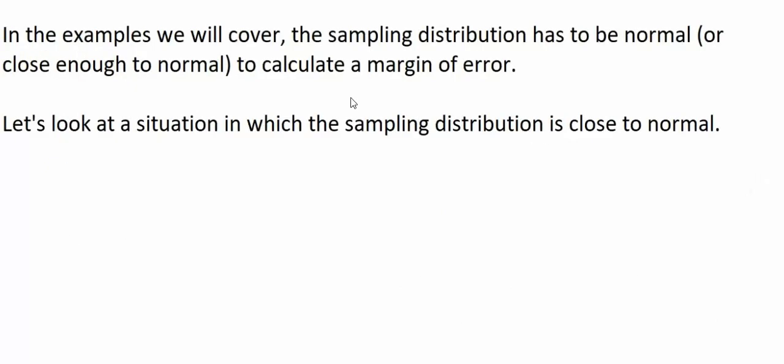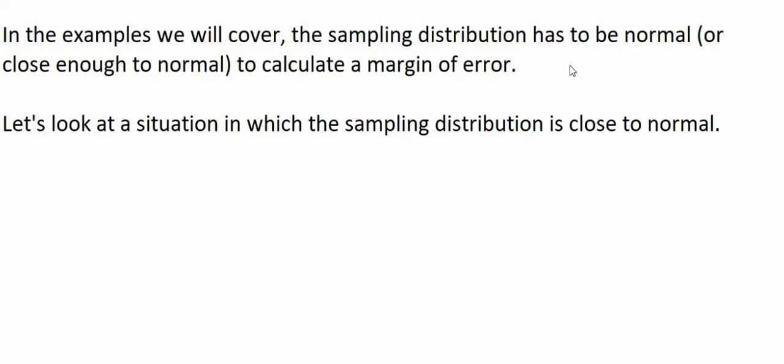So in the examples that we'll cover in our videos, the sampling distribution has to be normal or close to normal to calculate a margin of error. And in some of the last few topics we've covered, we've had a checklist in which we had to determine whether the sampling distribution was normal or at least close to it.